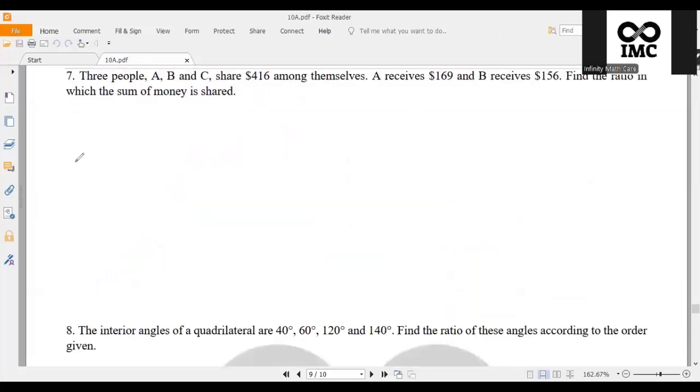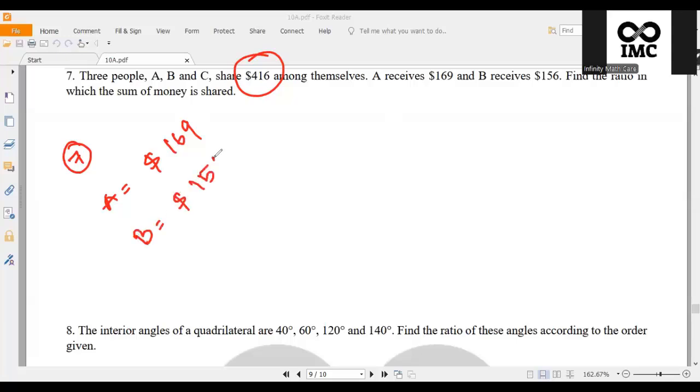Now question number 7. Question number 7 says 3 people A, B, C share $416 among themselves. A receives $169. B receives actually $156 and C receives the remaining amount.